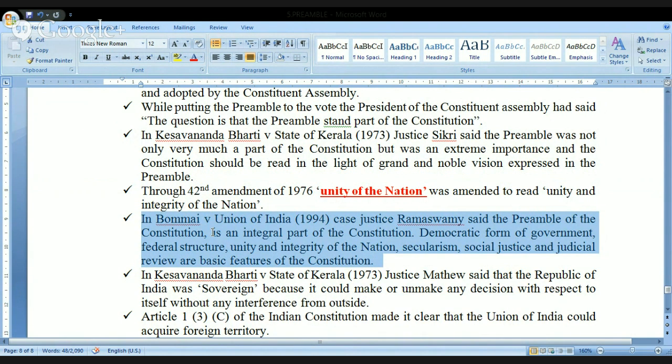Look at this. Democratic form of government, federal structure, unity and integrity of the nation, secularism, social justice, and judicial review are the basic features of the Indian Constitution. Kindly remember, these are all basic features because the Supreme Court mentioned it. Now look at the next point.